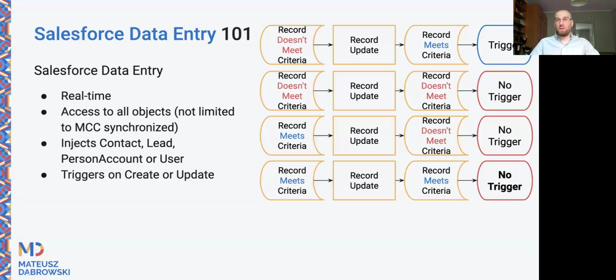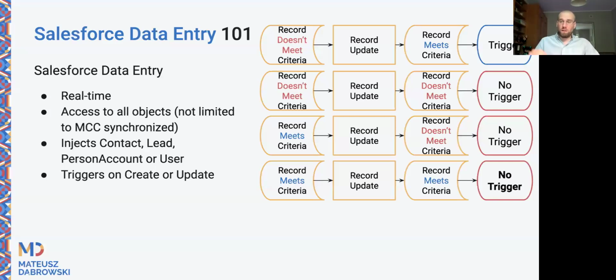And this is especially important if you have, for example, multiple different filter criteria that can be fulfilled in multiple ways. So then you need to think that, okay, this record will jump into the journey only once, the first time all the criteria are fulfilled.